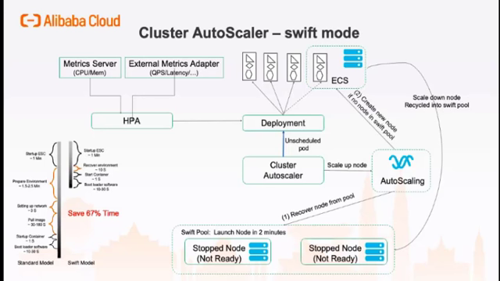For AutoScaling, we have a Swift pool, and this Swift pool will store all of the nodes. AutoScaling will recover nodes from the pool. If the pool does not have a node, it will create a new node. When scaling down, it will recycle the node into the Swift pool, or scale up a node.